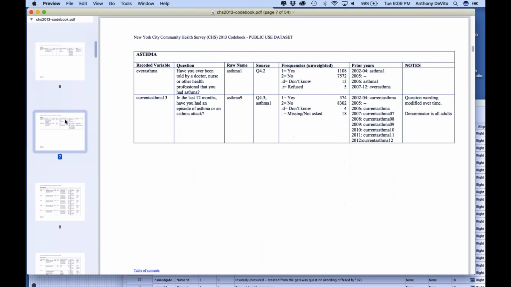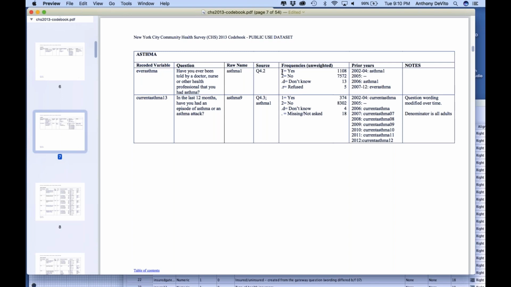So for instance, where asthma is concerned, one of the data variables is ever asthma. And the question was, have you ever been told by a doctor or a health professional that you have asthma? And the raw variable name is asthma 1, or it might be also ever asthma. It might be under either one of them.